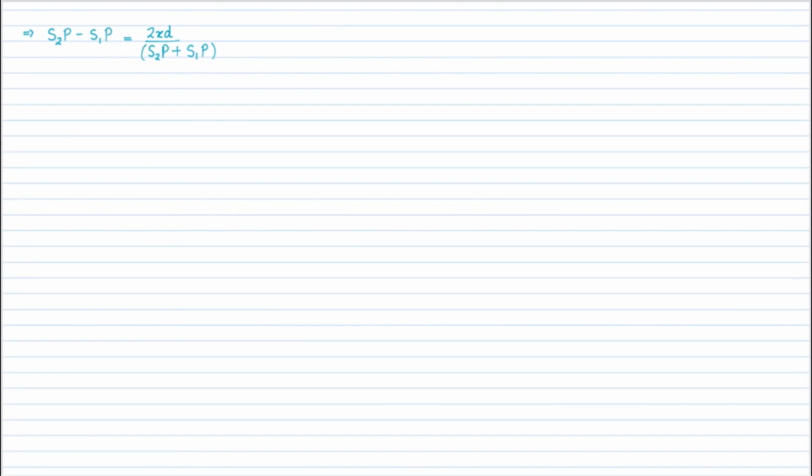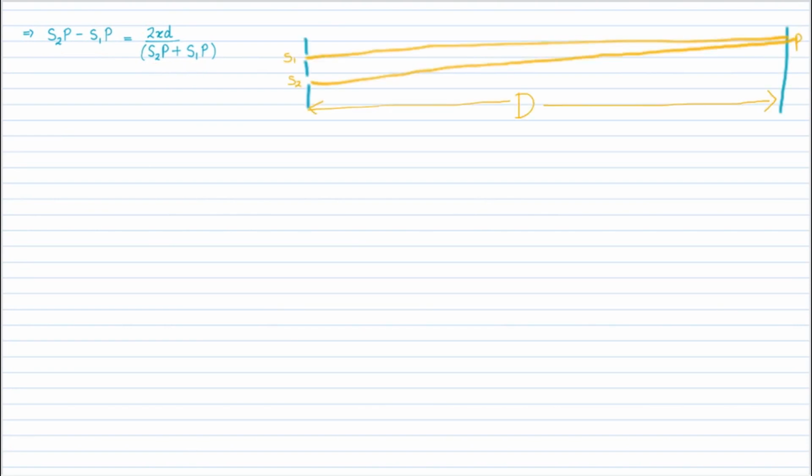Now we have to consider an assumption. Look here very carefully. In the practical case, your double slits are at a very far distance from your screen. So in such a case, what happens? Can you see this distance S1P and your S2P?